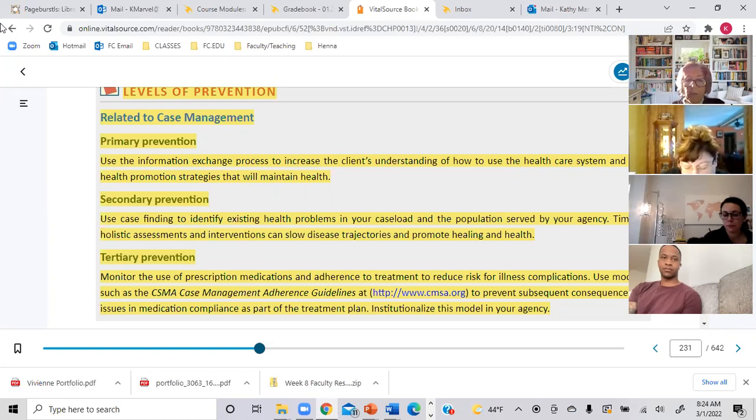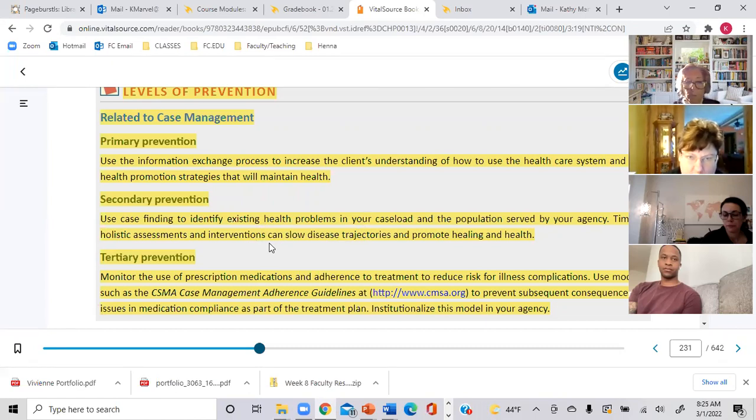We're trying to find existing health problems that are not out of control yet, slowing the disease process. Early identification, early intervention, to see if we can get it under control before it requires a tertiary level of prevention.